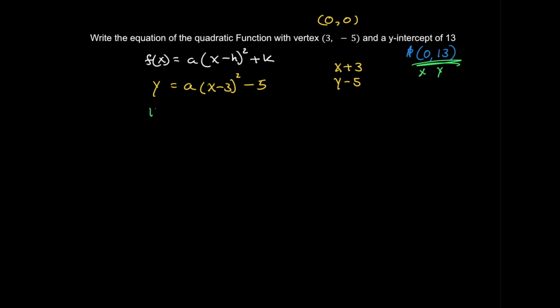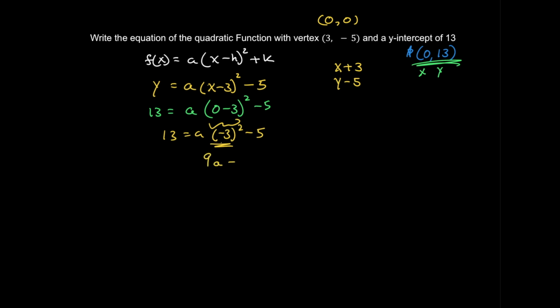So y is originally 13, x is 0, and we'll just go through and solve that. 0 minus 3 is -3, bringing everything else down. We got -3 squared, which is positive 9, so we have 9a.